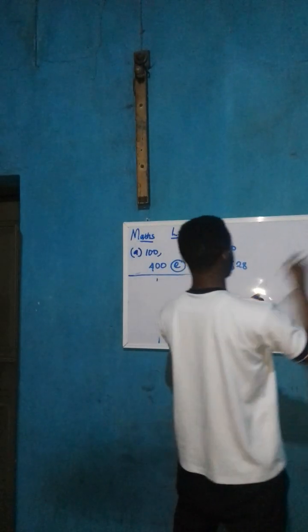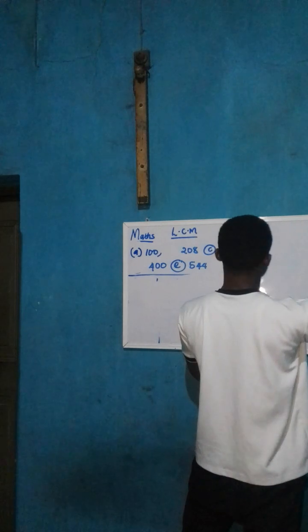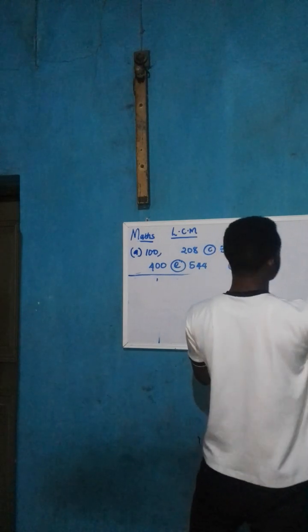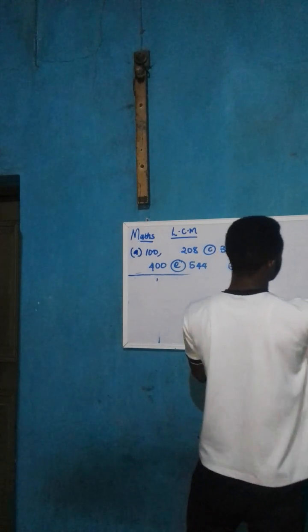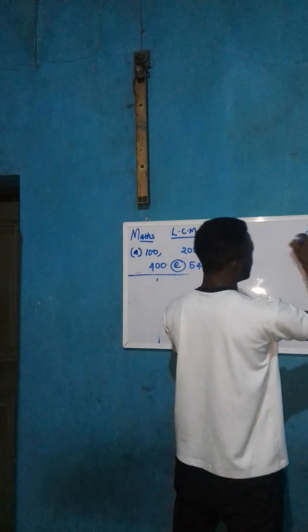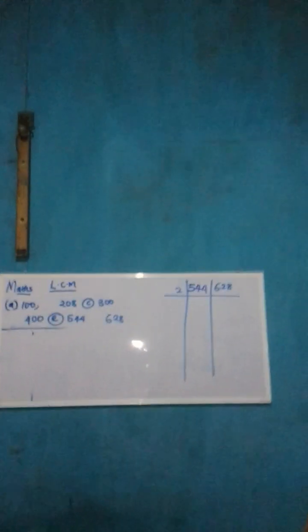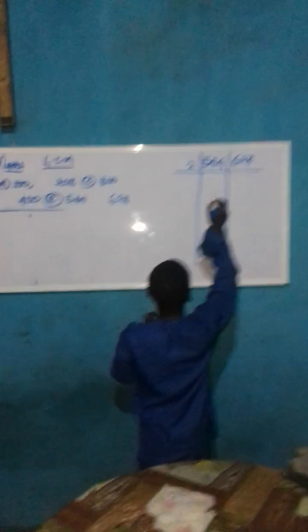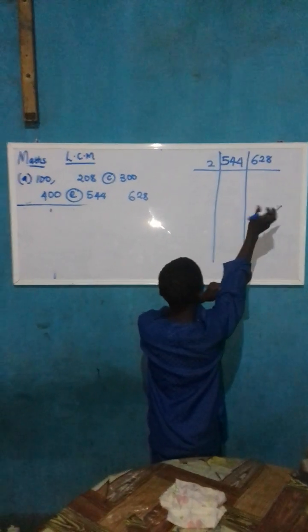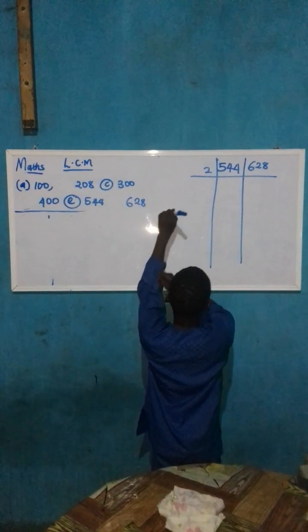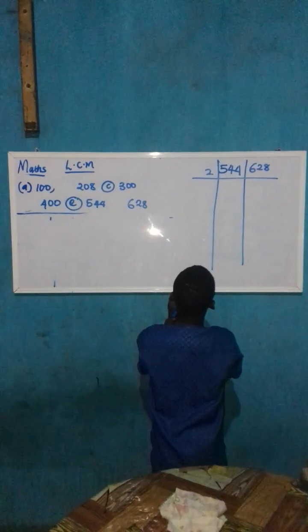We have 5, 4, 4 and 6, 8. Come on, try. Start with 2. Yes. Looking for the lowest common multiple.